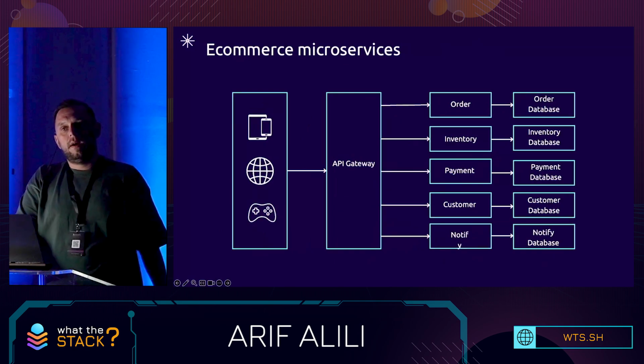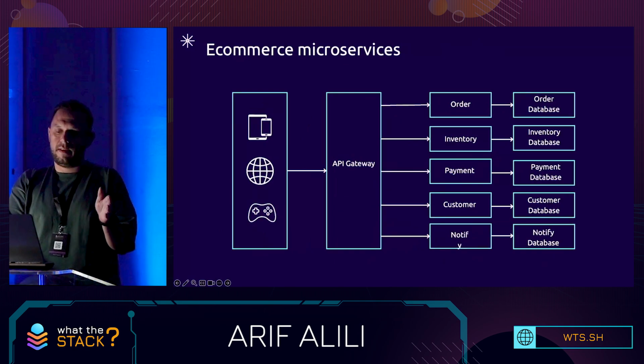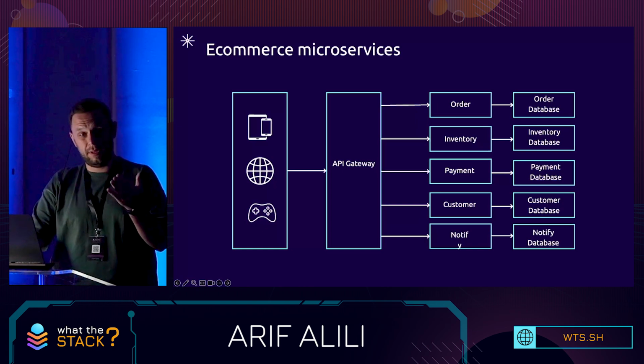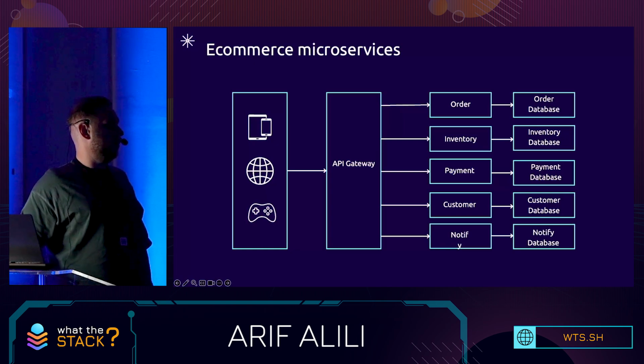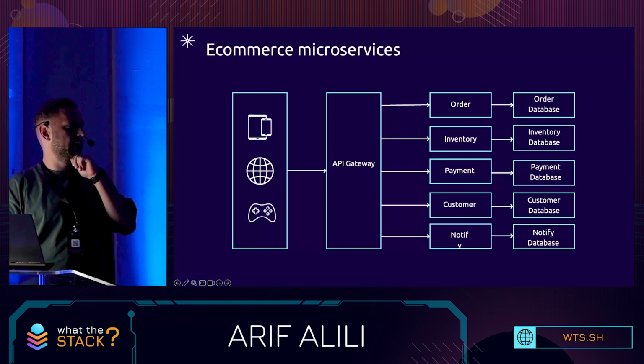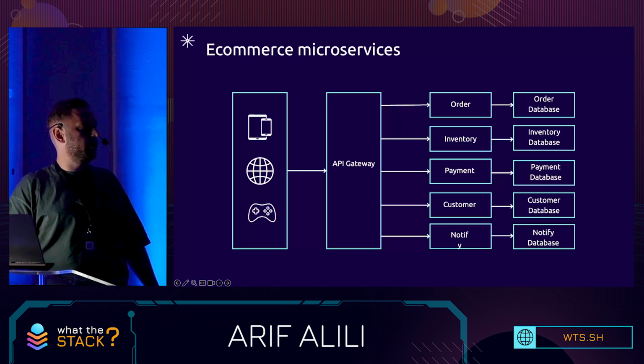Okay, if we translate everything that was in previous slides about monolithic to microservices in the e-commerce world, it would look something like this. This is a REST application which has an API gateway in the middle, and we have orders microservice, inventory microservice, payment microservice, customers microservice, and notify microservice.